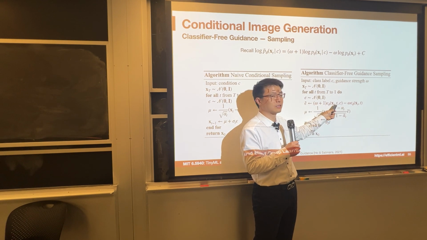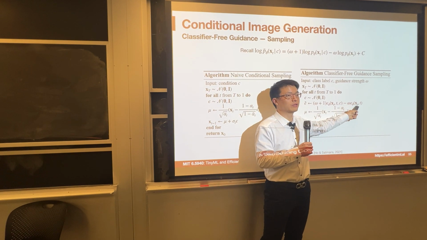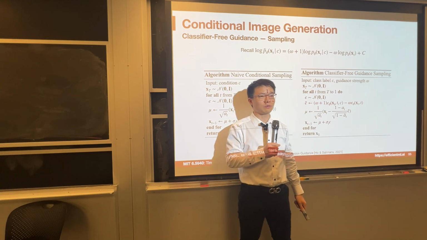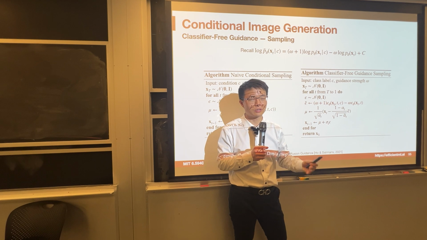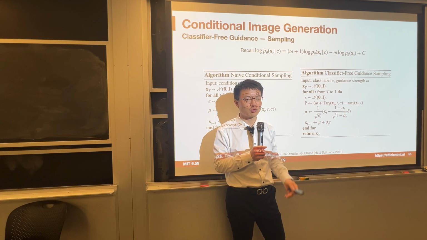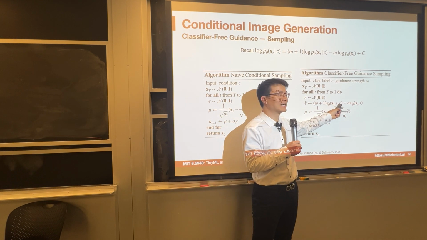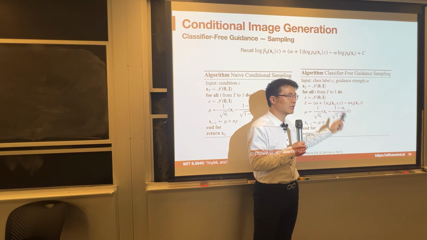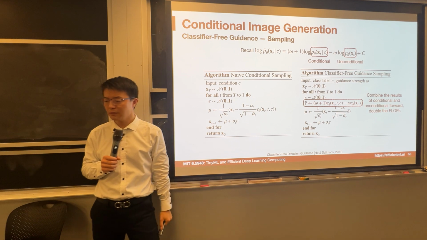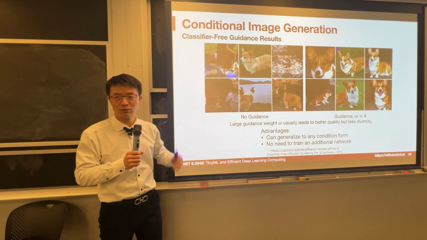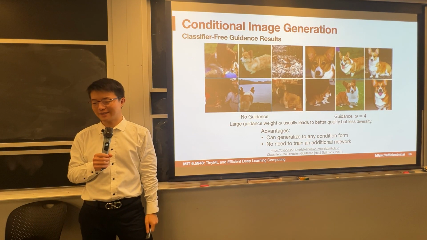Just use the condition, it can be any method we have learned so far to inject the condition, not necessarily a class. And the only catch here is that we have to forward the network twice.